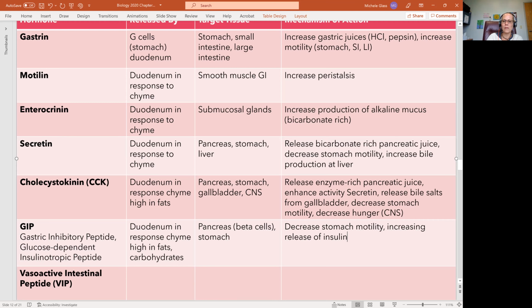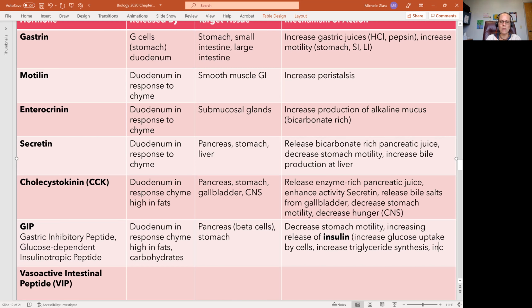And when we talk about insulin, I'm going to go ahead here and put that in bold. And then I'm going to put some parentheses with information about insulin, where this is going to increase the glucose uptake by cells. This is going to increase the triglyceride synthesis by cells.